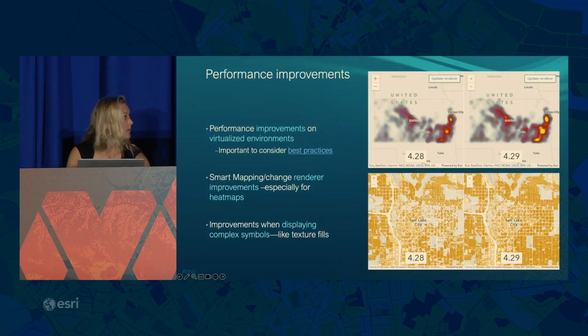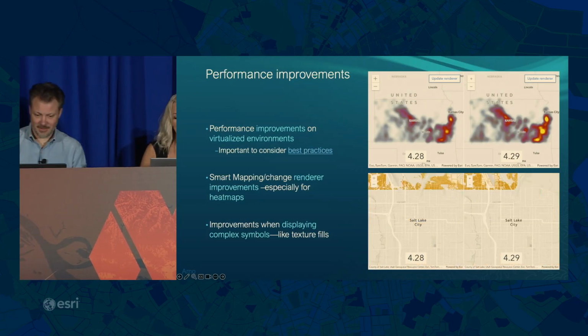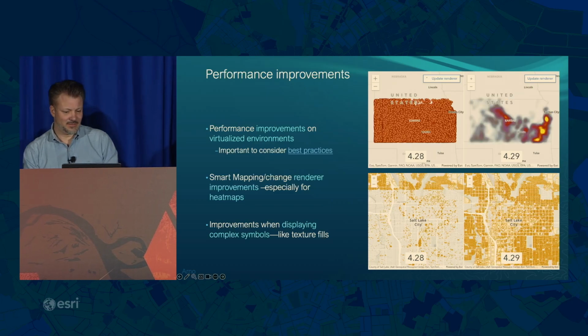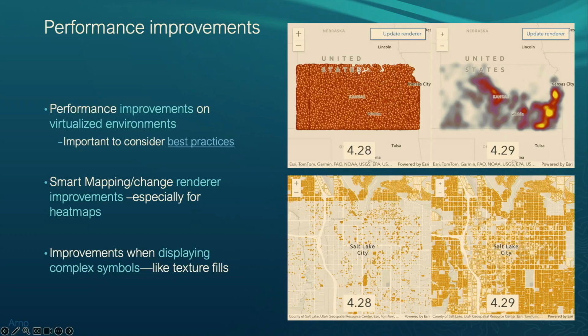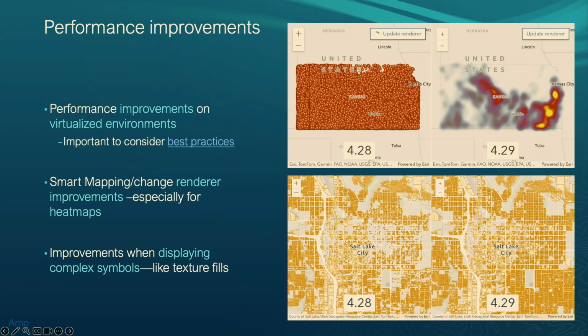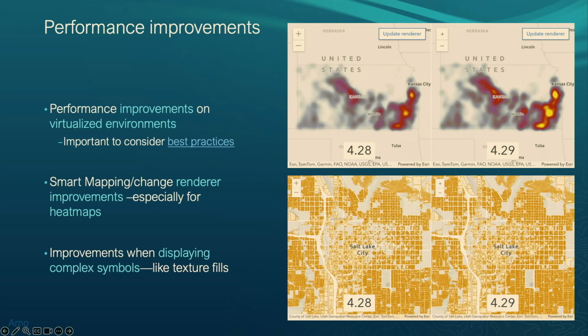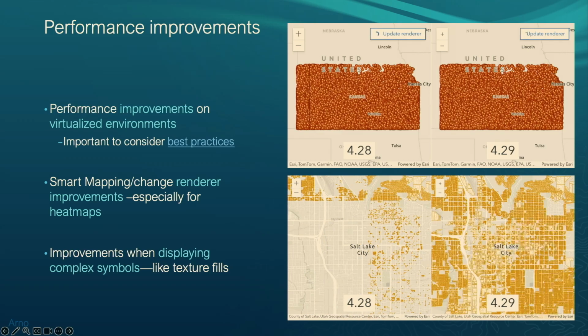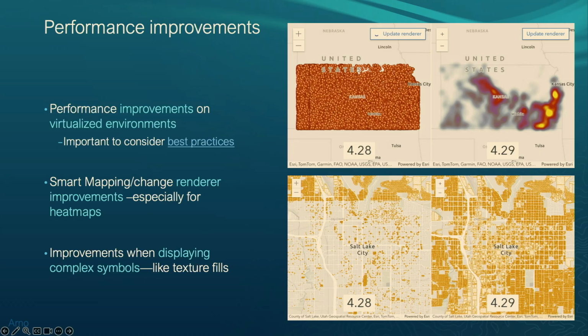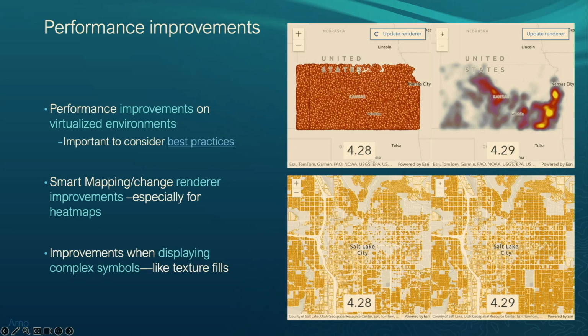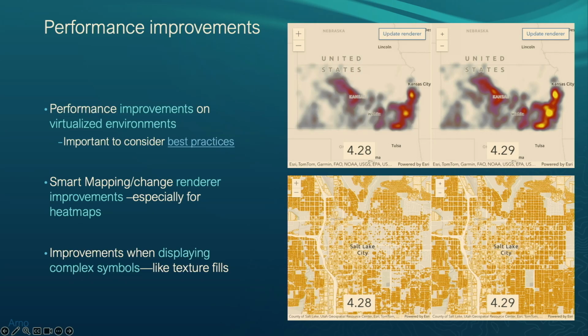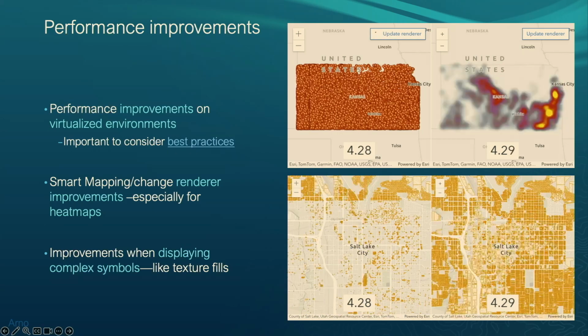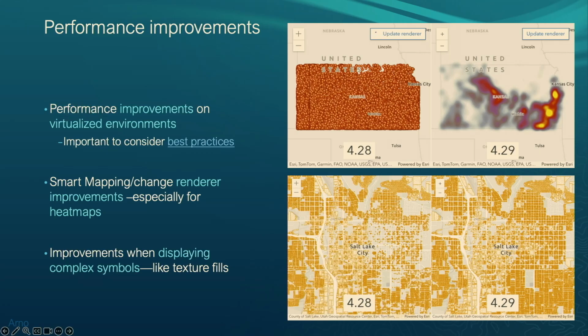All right, let's talk about performance. Slides look good this time. This is really a topic where we constantly improve the API, the SDK, whether it's what data flows between the server and the client, but also what is happening on the client itself. One of the topics I want to point out first is improvements around setups that involve virtualized environments.